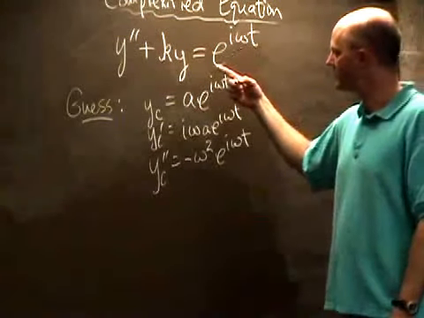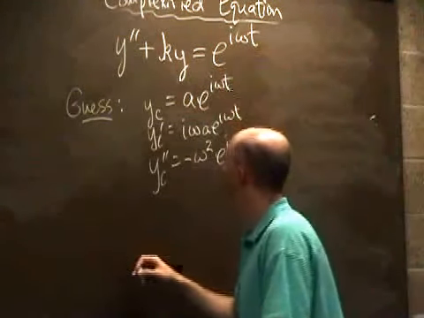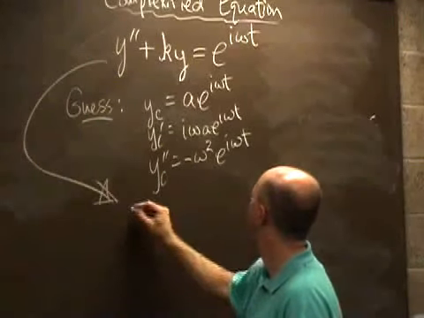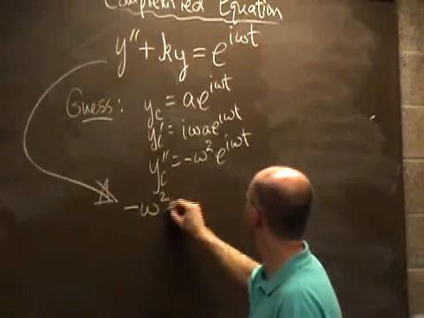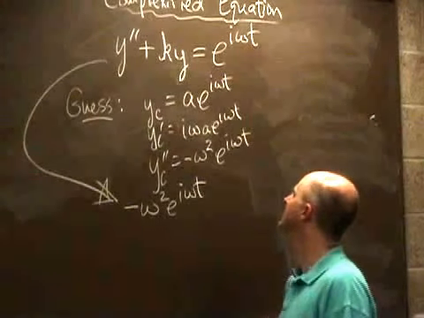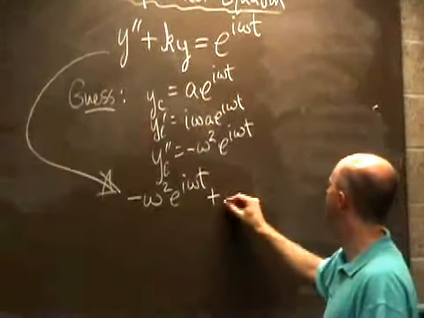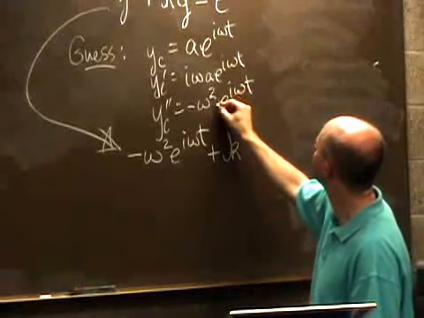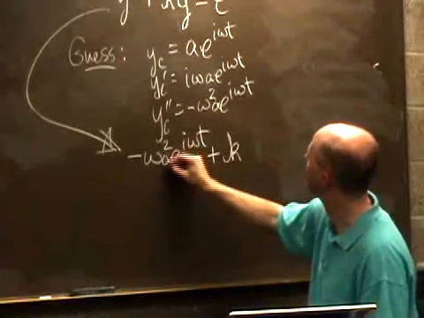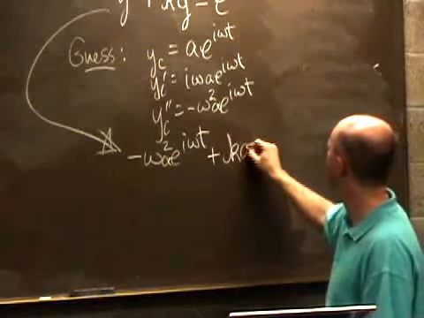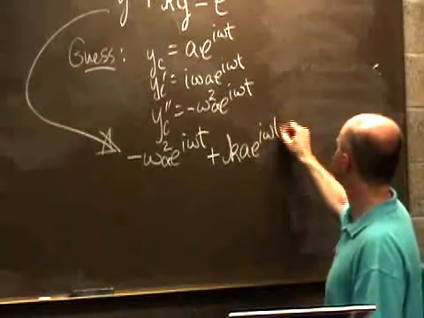Plug that into the differential equation, the complexified equation. Negative omega squared e to the I omega t is the second derivative, plus k times the function, k times, I guess I forgot my a here, didn't I? A in there, and an a down here. Down here we got k times y, k times a e to the I omega t.